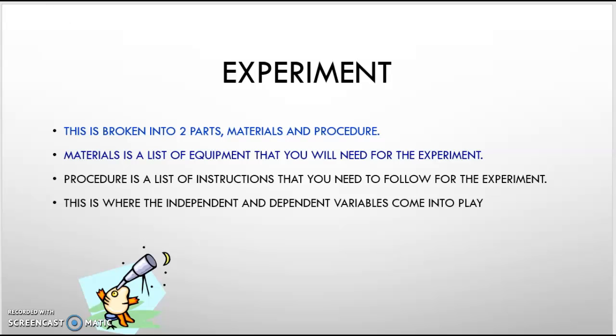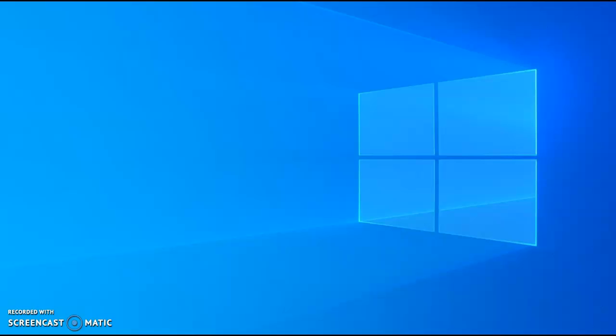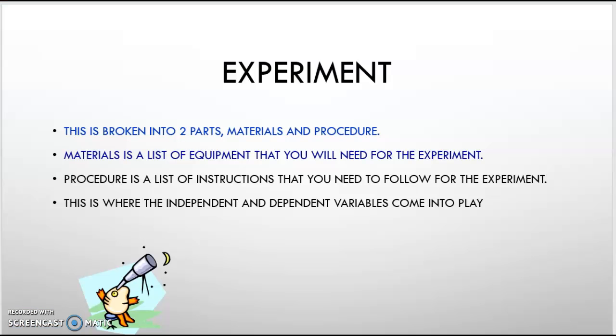So that is why we can also talk about the independent and dependent variables here, because the experiment is where we're actually doing the changing, the manipulating, and the testing, and where we get to see the actual outcomes.